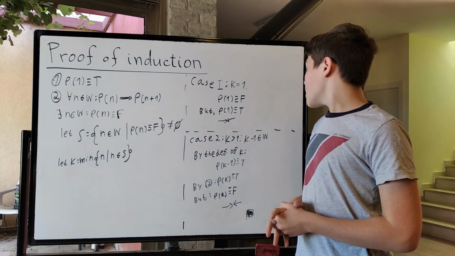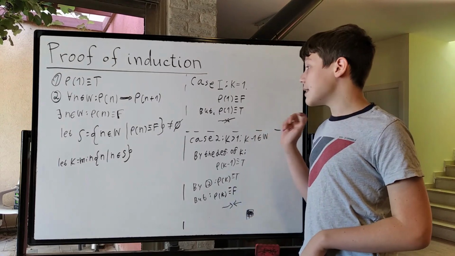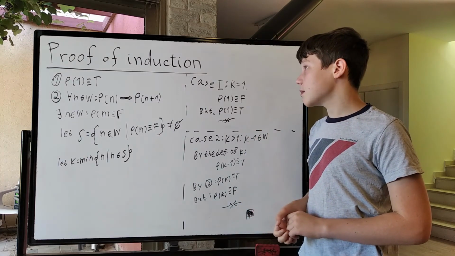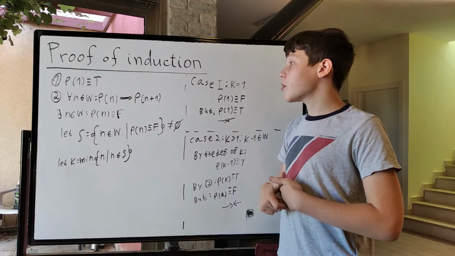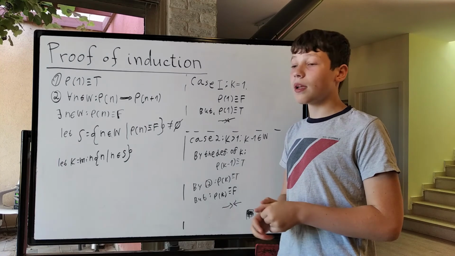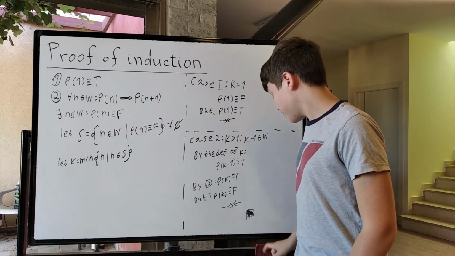And as a hint, it is an almost identical proof to this. Strong induction is also more useful because we're not just assuming the previous case. We're assuming all previous cases up until 1, which is useful.